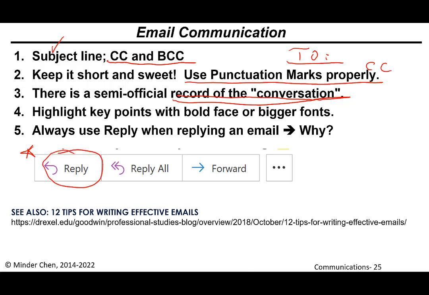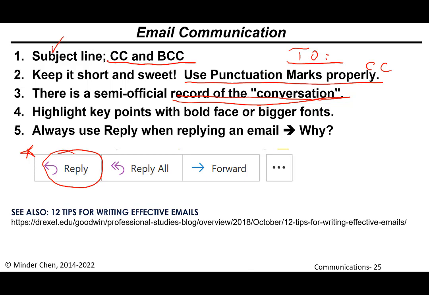So typically, when I reply to any email, I will usually use reply instead of starting a new email. So you have that kind of email chain. I'm using email chain here as a positive thing, which keeps a record of your conversation.